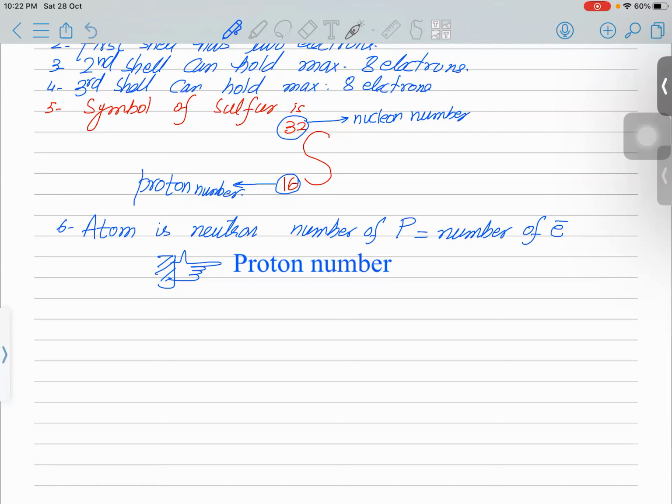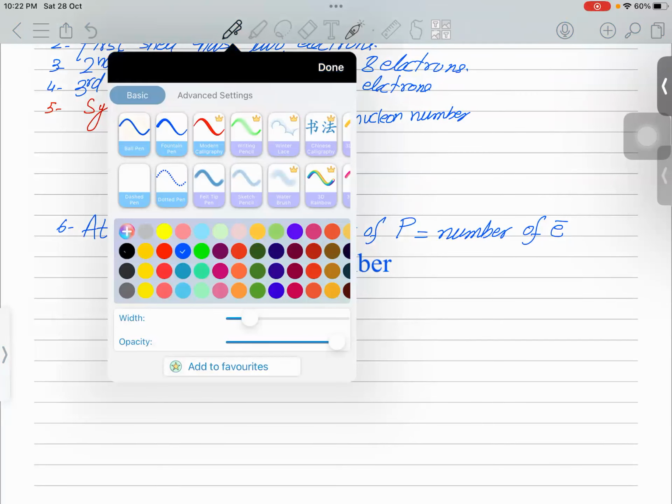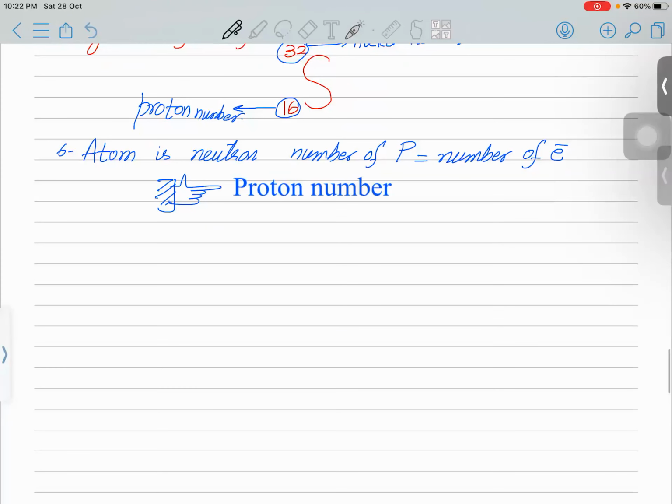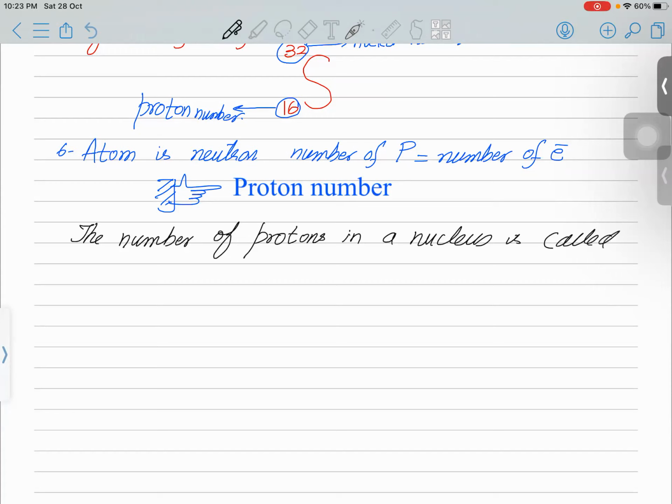So proton number is the number of protons in the nucleus, and it is called proton number or atomic number.